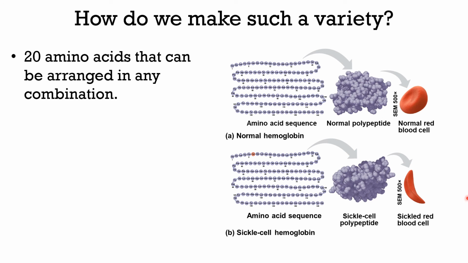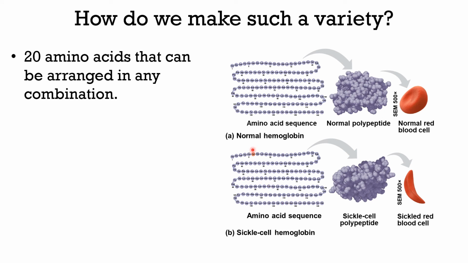For example, I was talking about sickle cell anemia earlier. So this is a normal sequence for hemoglobin. Hemoglobin is an important protein that's involved in red blood cell formation. And so it's 146 amino acids long. Here is a second chain polypeptide. However, this is a sickle cell hemoglobin.